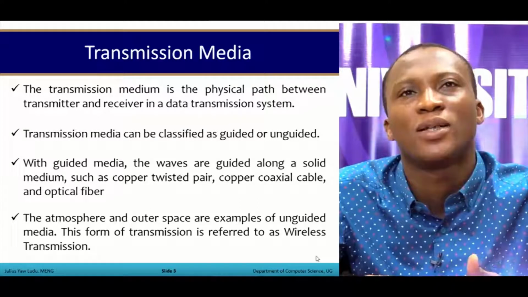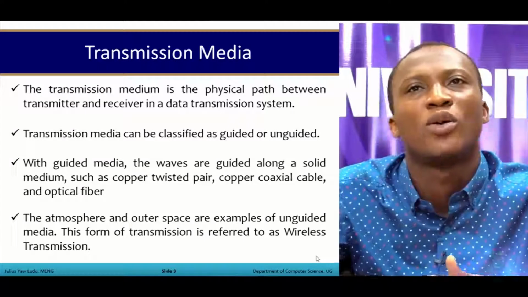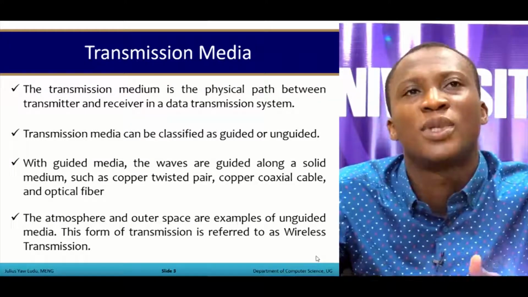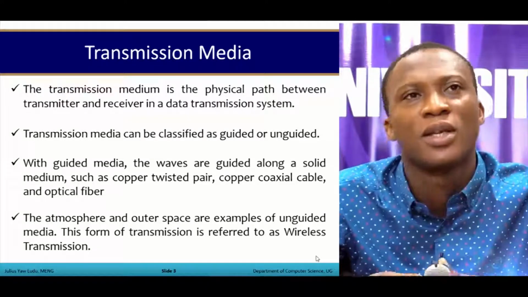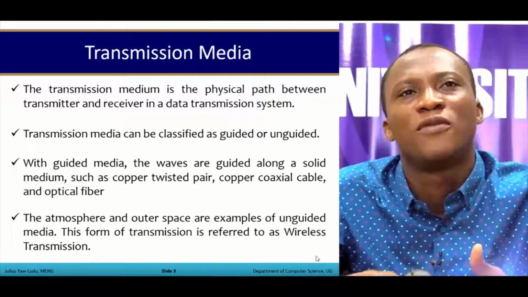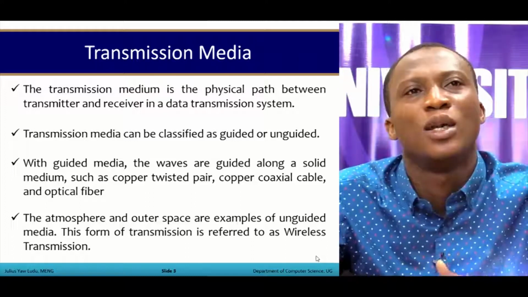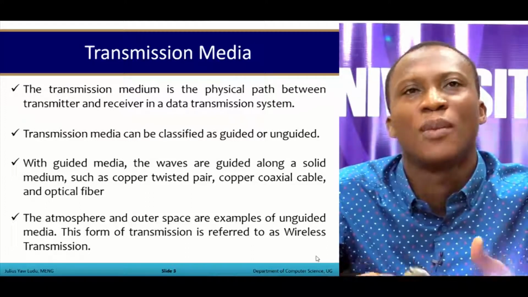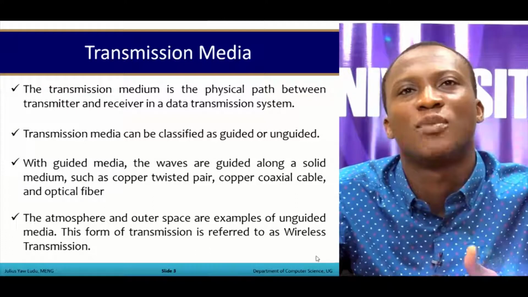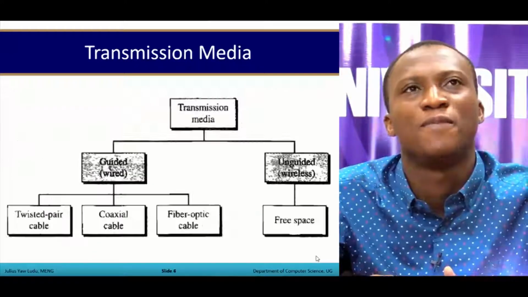We are looking at copper twisted pair, copper coaxial cables, and optical fiber or fiber optics. Then we have the atmosphere and outer space, which are examples of unguided media, what we term wireless. This form of transmission is referred to as wireless transmission.